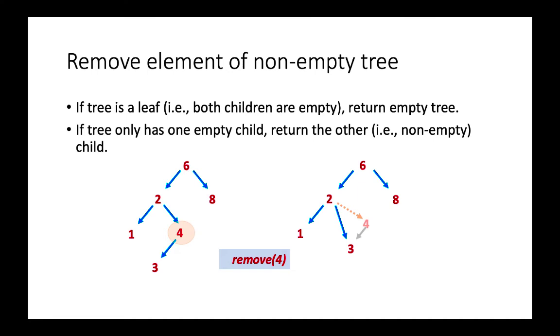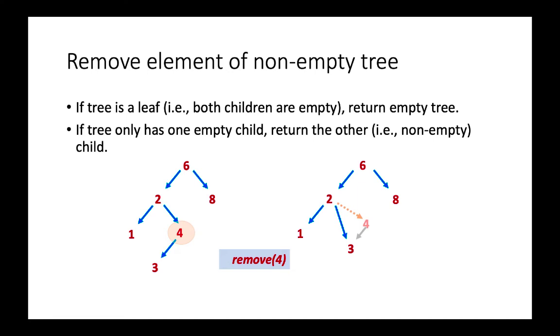So, the idea here is, let's say we're trying to remove an element, and we recurse, then we find a node where we found that element. So we're removing 4 here.